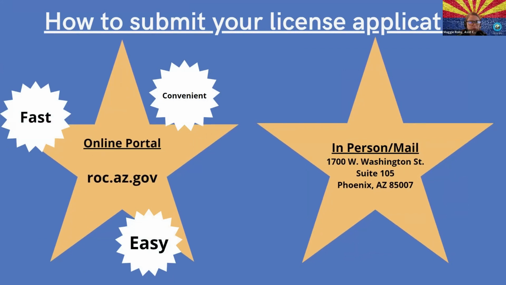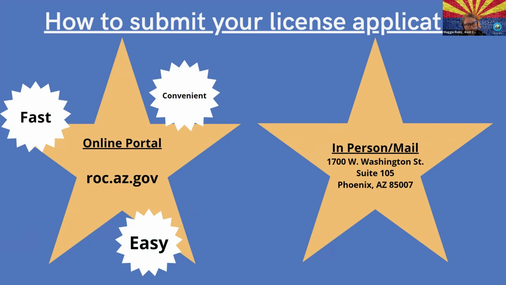There are a couple of different ways that you can submit your license application. Your fastest, most convenient, hopefully the easiest way for you to submit it is going to be through our online portal. The great thing about our online portal is once you've gone through each of those steps on that checklist, it has prepared you to submit a complete, ready to go application through our portal.